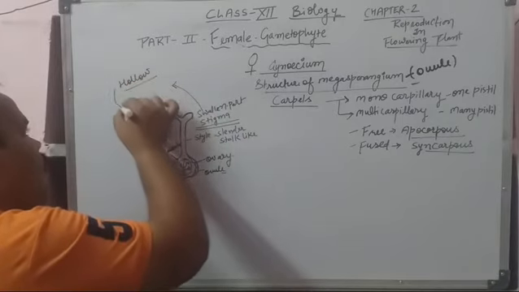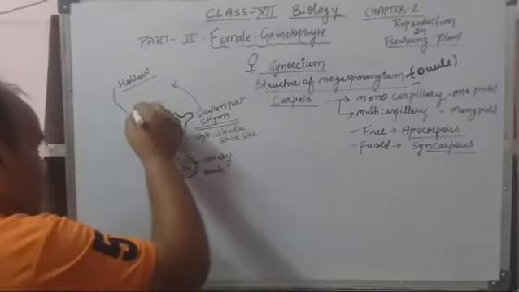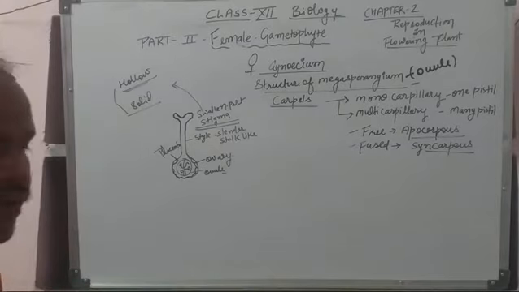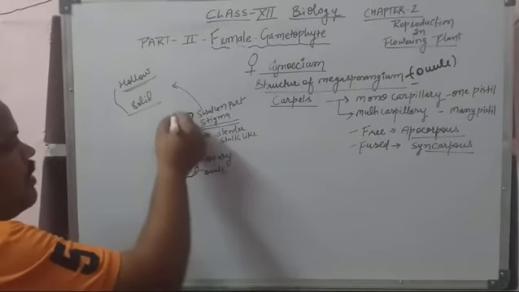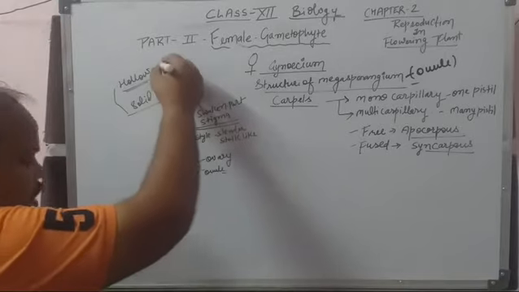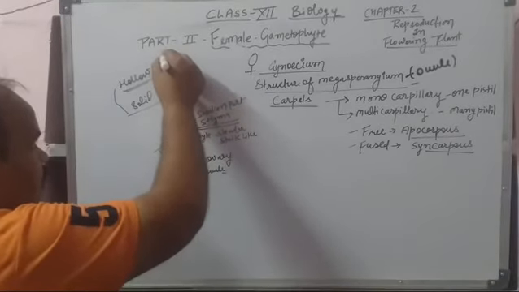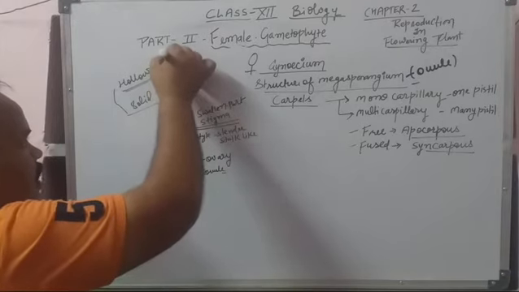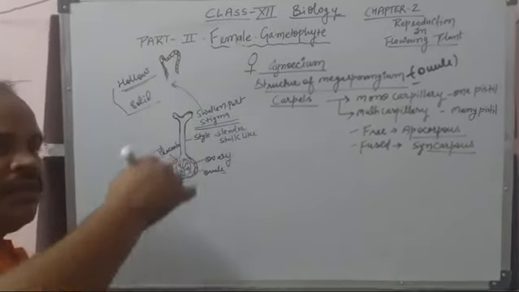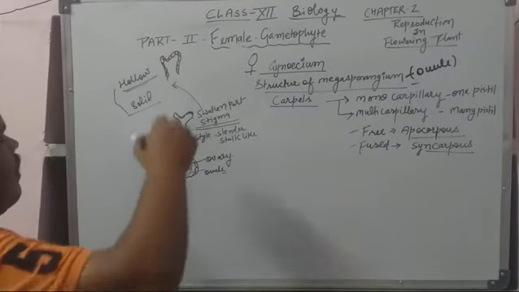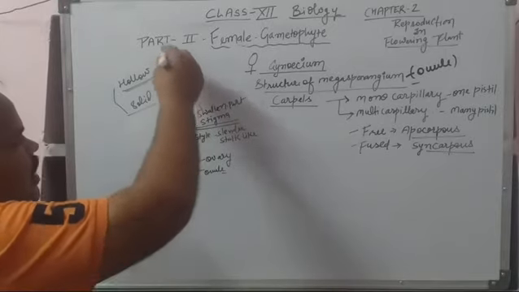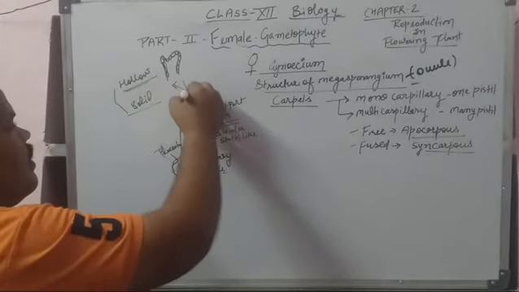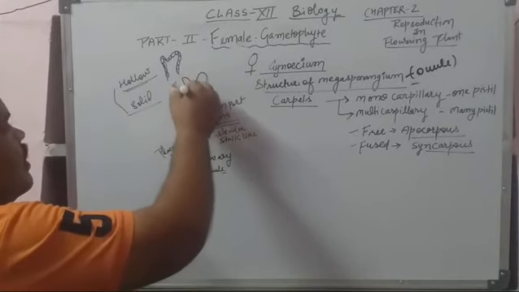First is hollow, and the second is solid. In the hollow type, the epidermis and other cells form hollow structures. In the solid type, there are blocks of cells in the stigma.